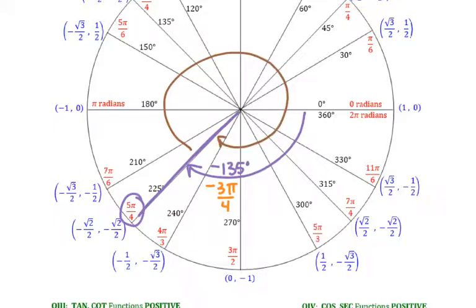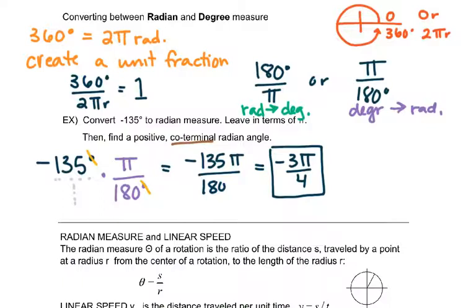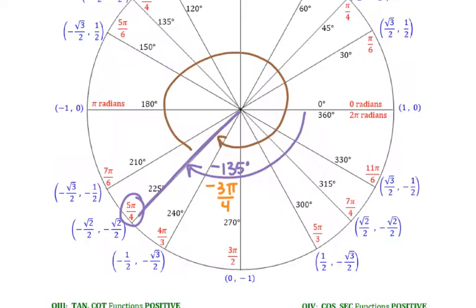Of course, when we're thinking about radians, instead of adding 360, I'm going to add 2 pi because 2 pi is the same as 360. So adding 2 pi, that's the same as adding 8 pi over 4. We have 5 pi over 4. So that's a positive coterminal radian angle. And you see that 5 pi over 4, that's the same spot where we were located.